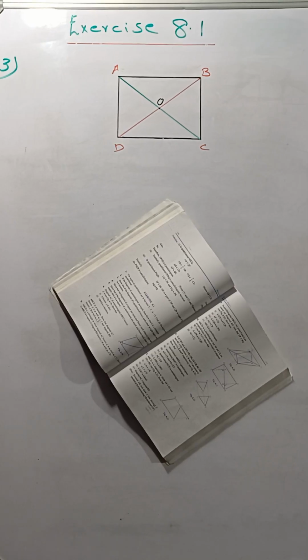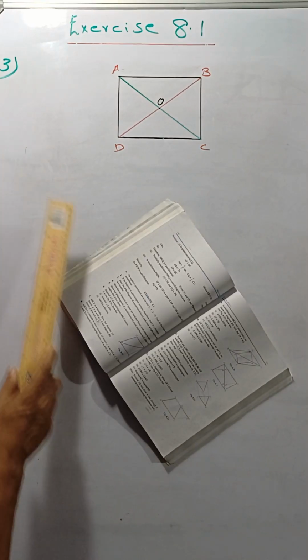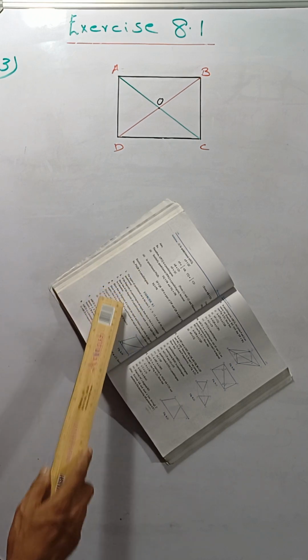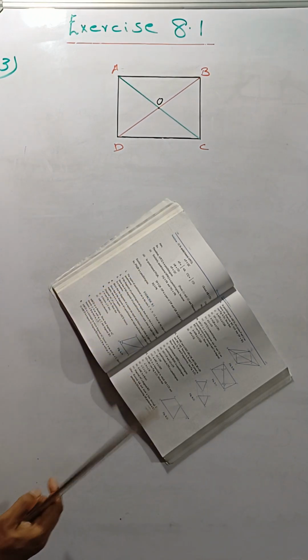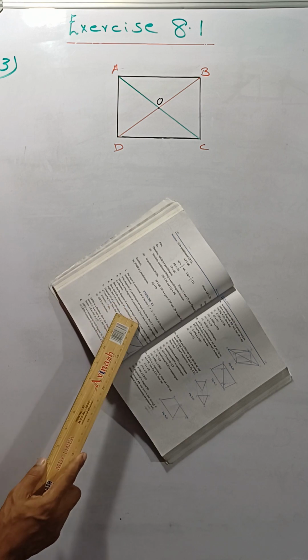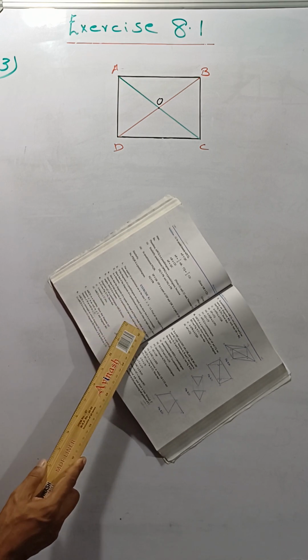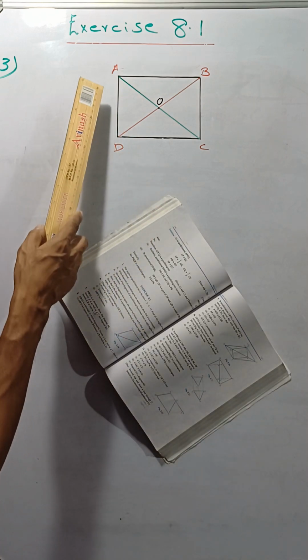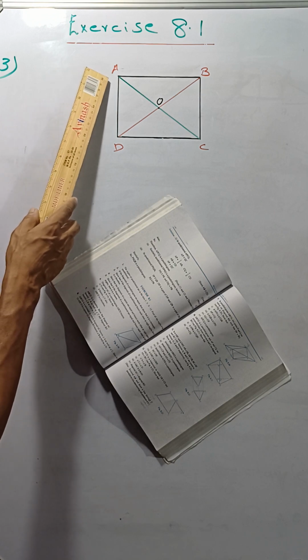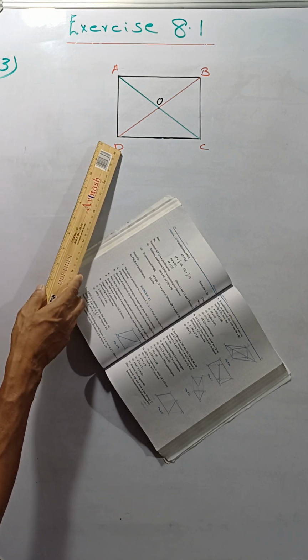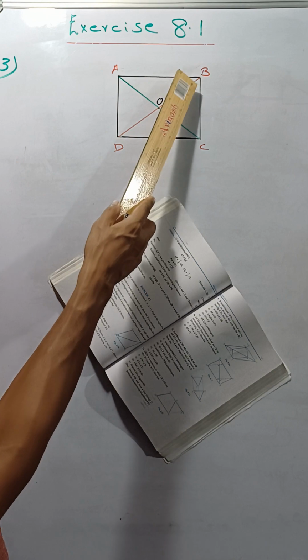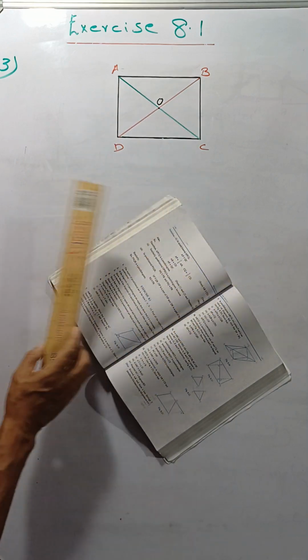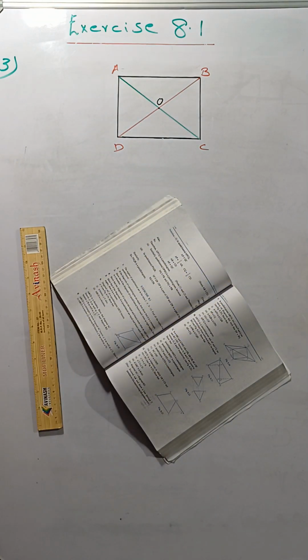Now let us go to question number 3. Show that if the diagonals of a quadrilateral bisect each other at right angle, then it is a rhombus. Here one quadrilateral is given. The diagonals of this quadrilateral bisect each other at 90 degree.